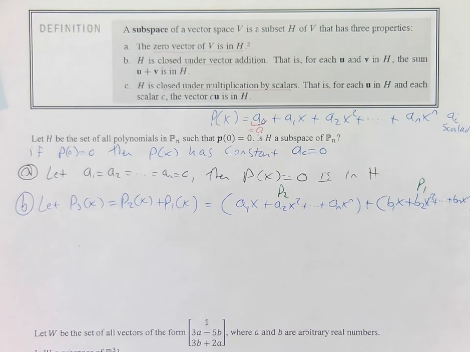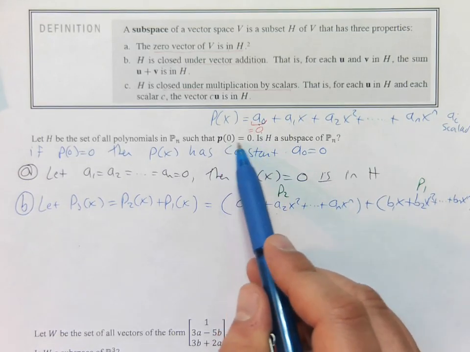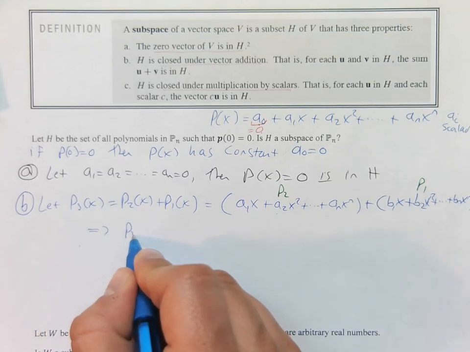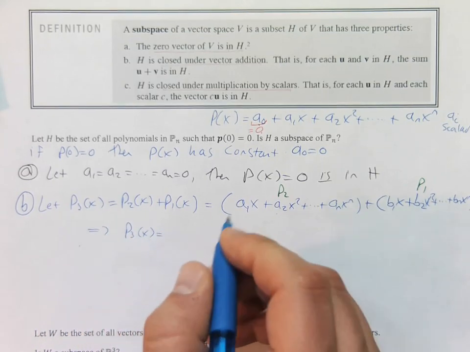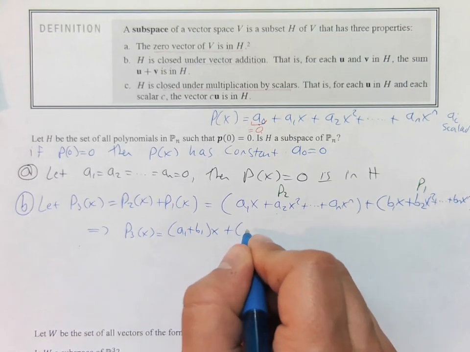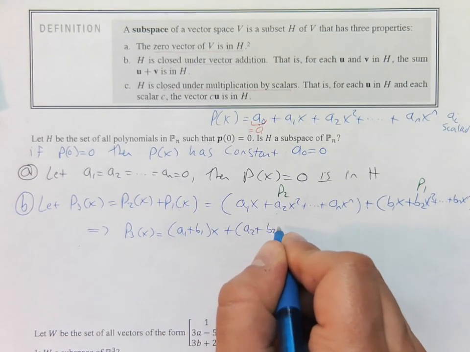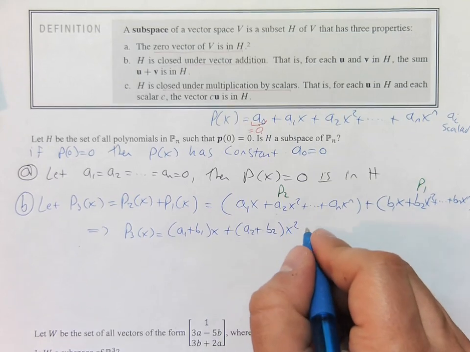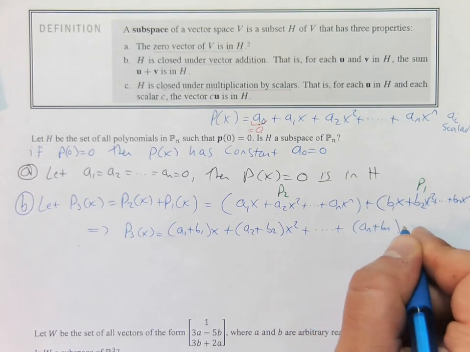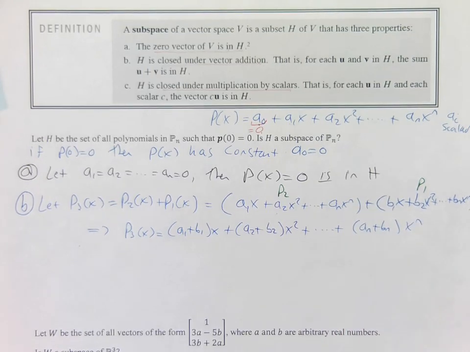And when we do that, we get a degree n that still satisfies P of 0 equals 0, right? So if I do that, then our P3 ends up being a1 plus b1 x, a2 plus b2 x squared, dot dot dot, an plus bn x to the n.